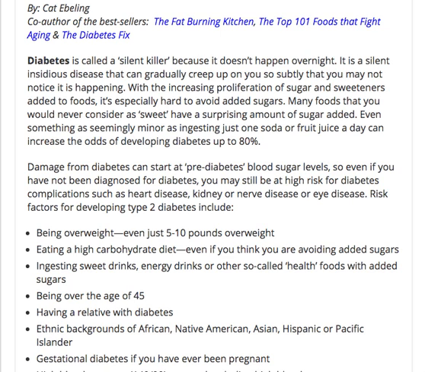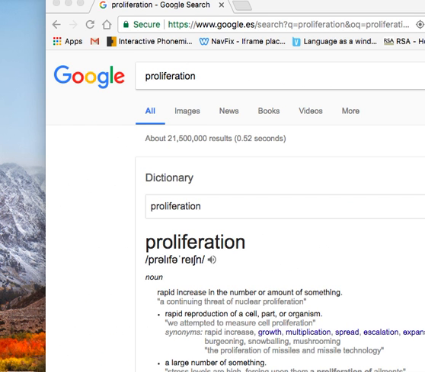With the increasing proliferation of sugar and sweeteners added to foods, it's especially hard to avoid added sugars. Proliferation. What do you think that word means? Look at the context. Look at the sentence. What goes before the word? What goes after the word? Proliferation. I go to the dictionary. Proliferation. It's a noun.